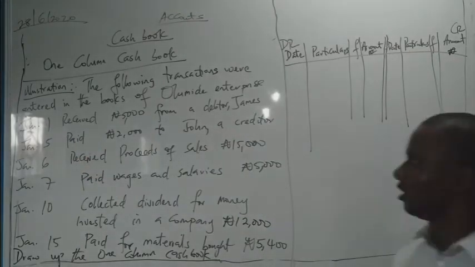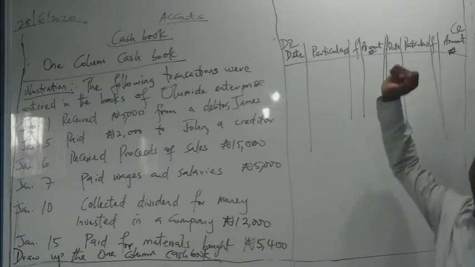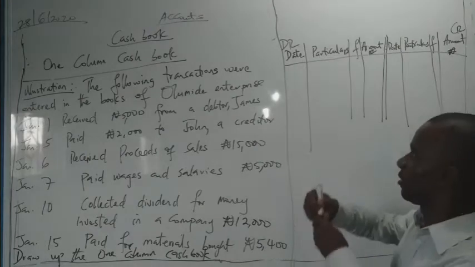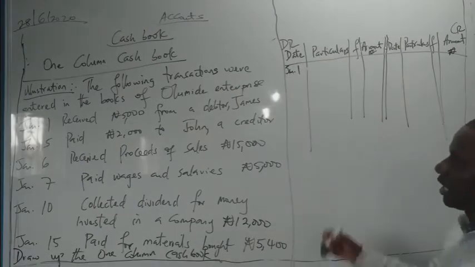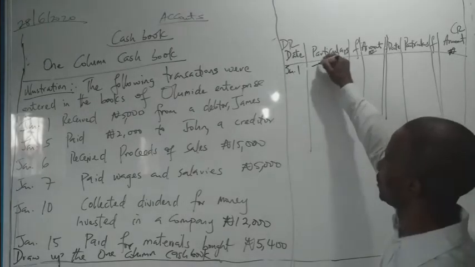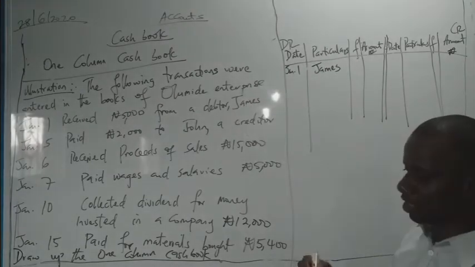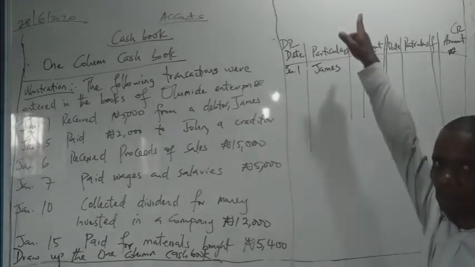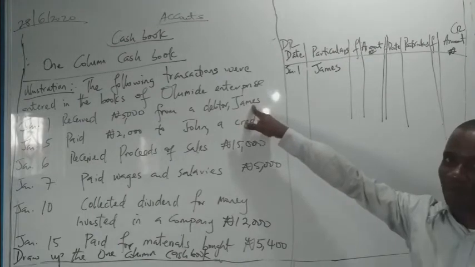Let's start with the first one. January 1st, received 5,000 naira from a debtor, James. That means money is coming in. When money is coming in, I told you it will be debited. Very good. Will come January 1st. Particulars, what are we going to write? James. We are going to make reference to James because the other corresponding credit entry in the ledger will involve the name of James.